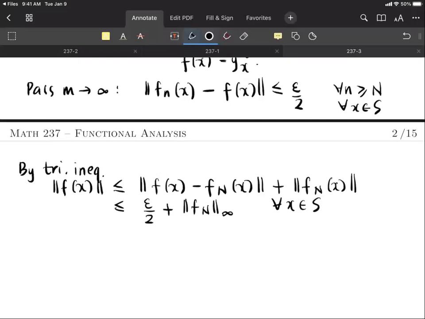This implies that our candidate limit is indeed in the space.